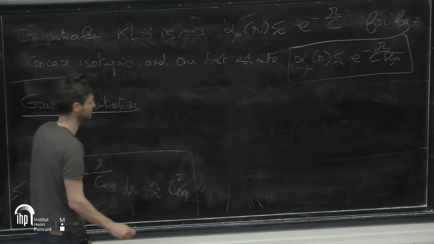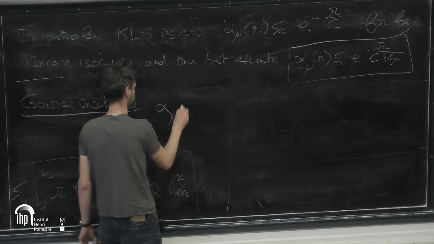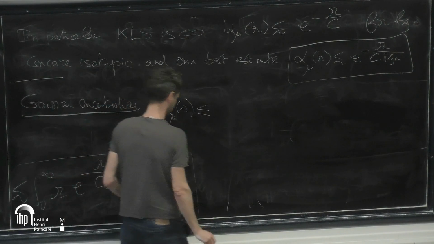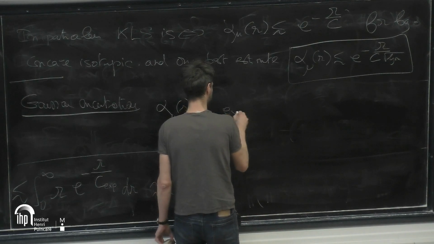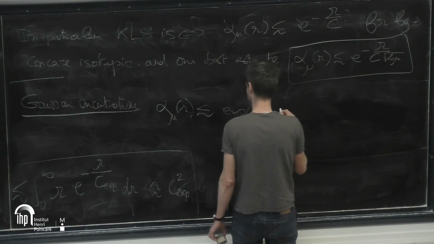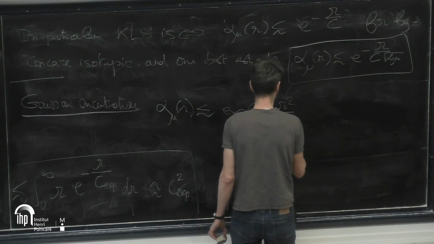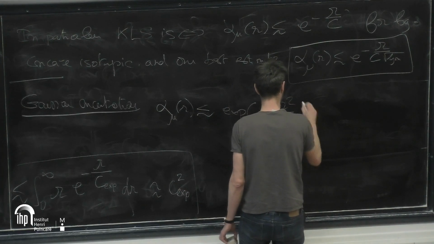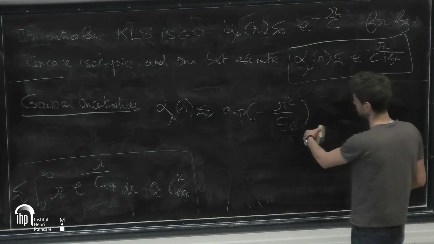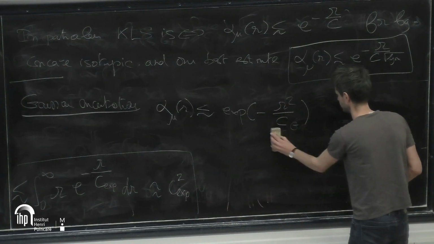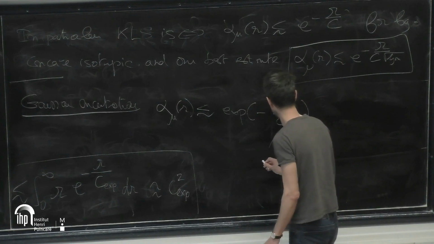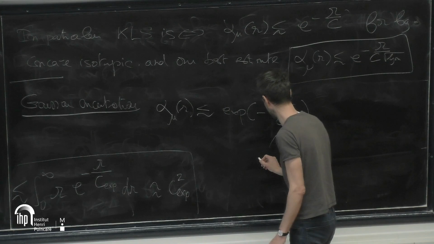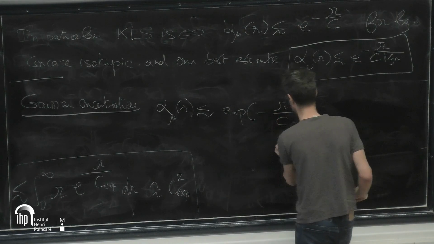I say mu satisfies Gaussian concentration if alpha mu of r is less than exp of minus r squared over c_G. So instead of exp of minus r, you have exp of minus r squared over c_G, which I will call the Gaussian concentration constant.